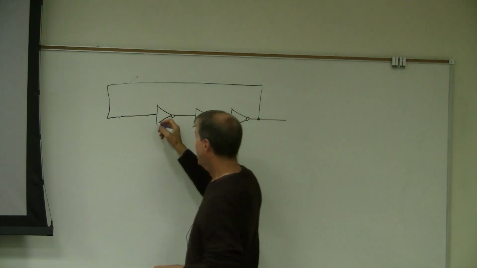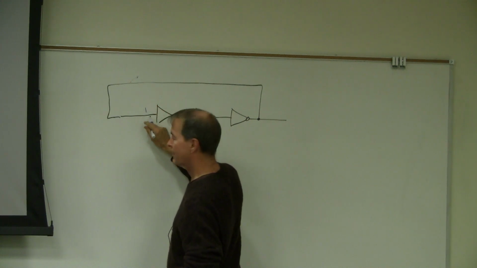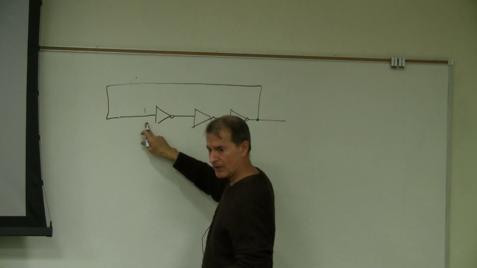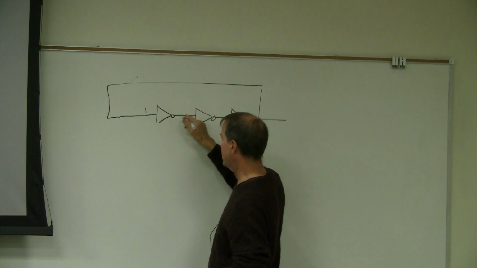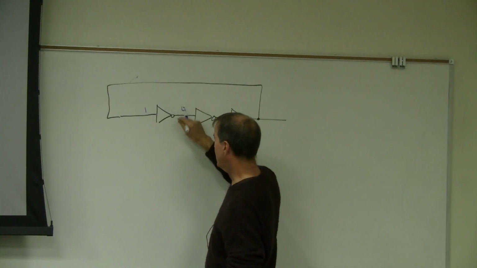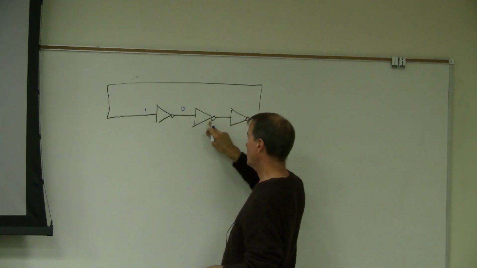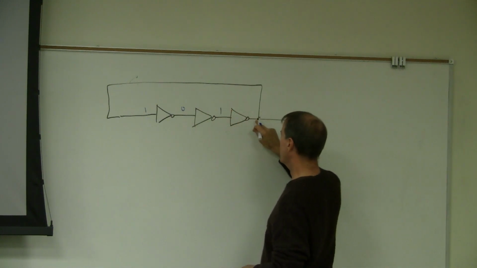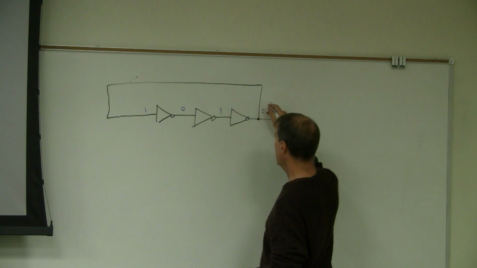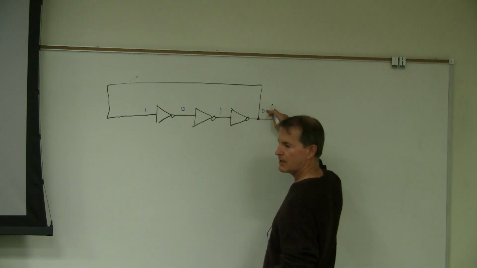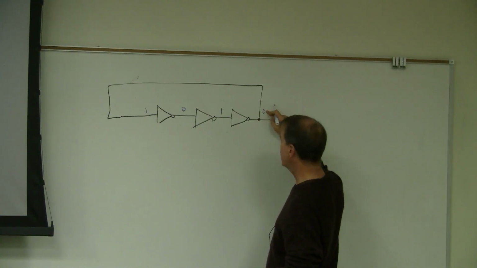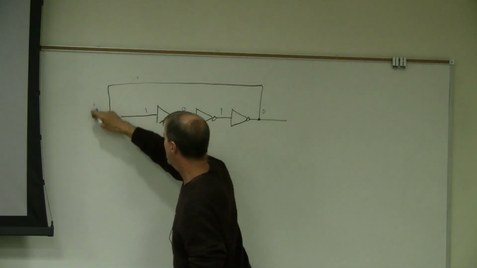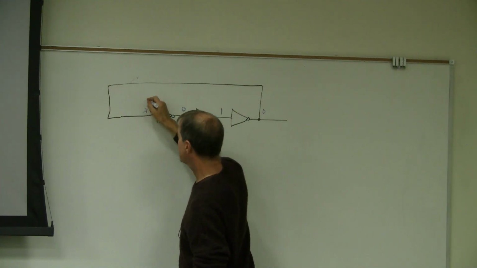And why is that? That's because if there's a 1 here, one gate delay later, there'll be a 0 here, and one gate delay later, there'll be a 1 here, and one gate delay later, a 0 here. But almost instantaneously, at the speed of light, this would make this a 0.